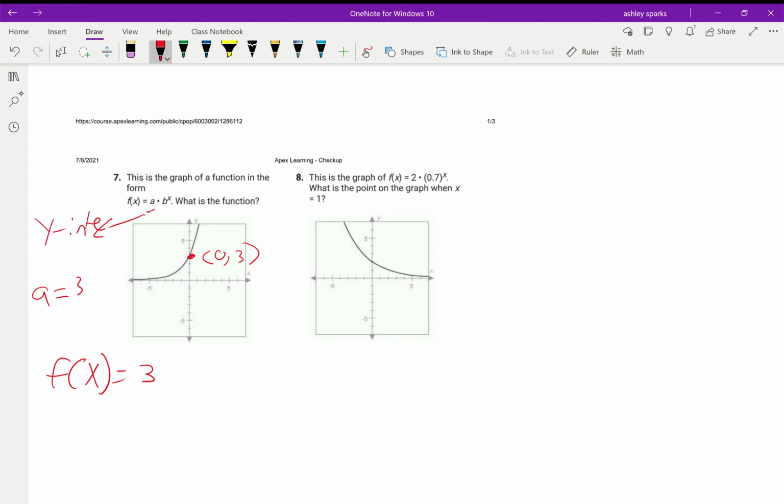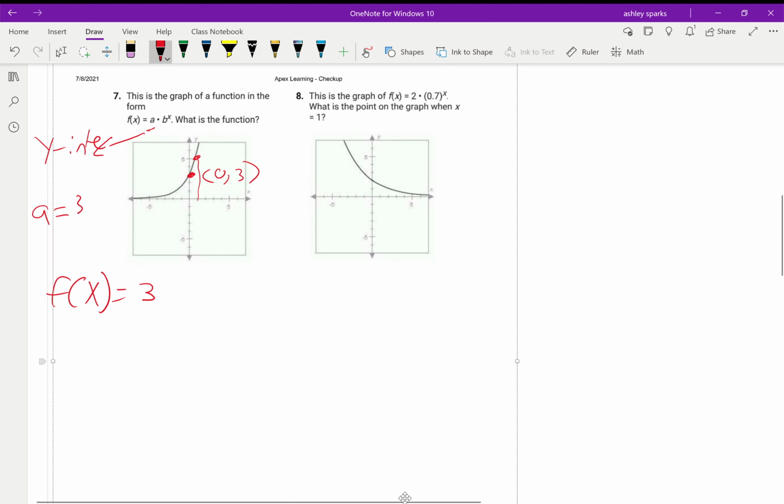So what do we have here? We have 0, 3. It looks like I have the point 1, 5, if I am reading this correctly. Let me double check that.